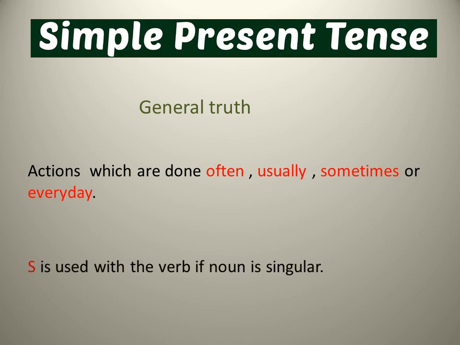For example, S is used with the verb if the noun is singular. We always add S with the verb if the noun is singular. And if the noun is plural, we always write the original verb. We don't use S.